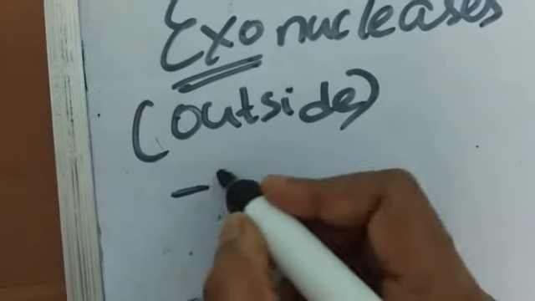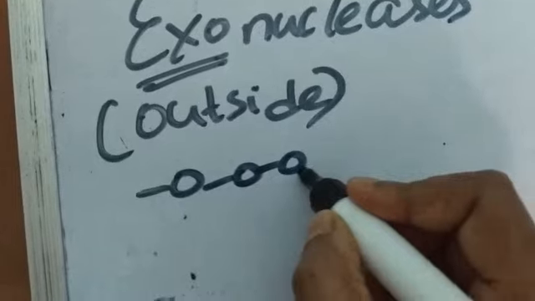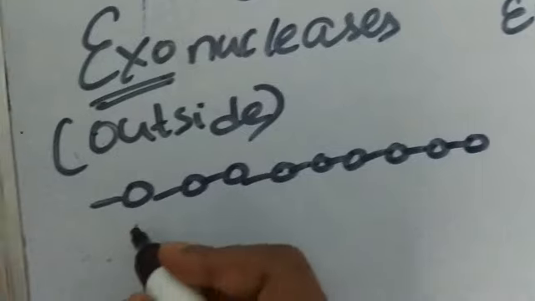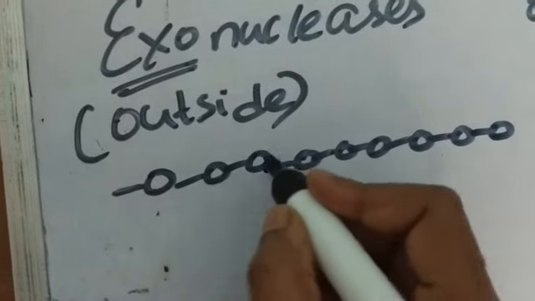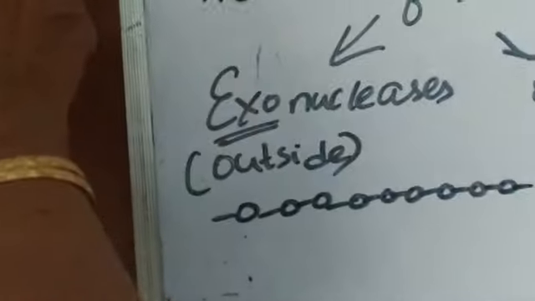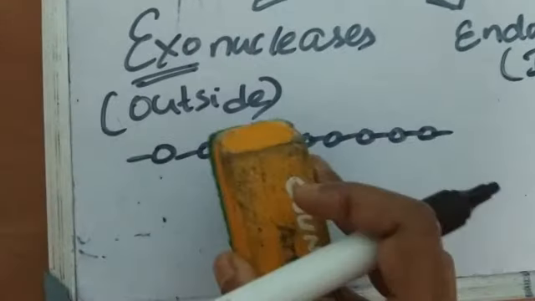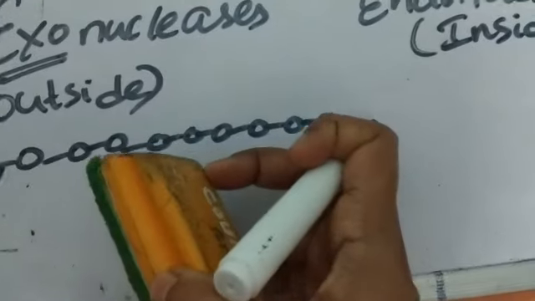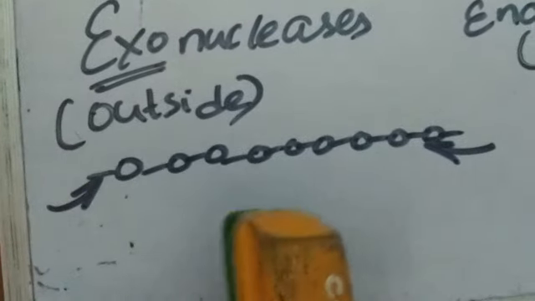Exonucleases, what they do is whenever they find a DNA molecule, so imagine this is a DNA molecule. This is a chain of DNA with a lot of nucleotides. Each one of these circles represents a particular nucleotide. So what exonucleases actually do is that they simply attack the DNA molecule from the outside. They can only attack the DNA molecule from the outside.